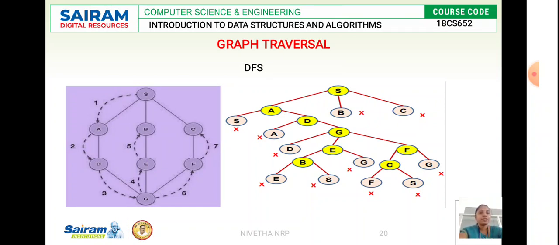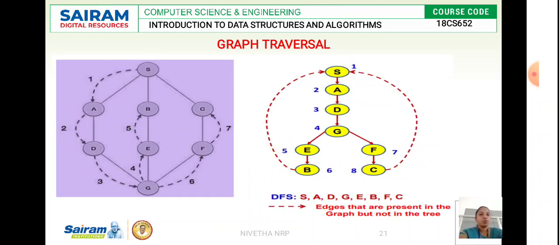First you visit S, then A, then D, followed by G, followed by E, followed by B. For G we have 3 outgoing degrees, D, E, F. So from G we will have the further sub branch F. From F again we visit C, and finally E, S, F, C, G will be your leaf nodes.